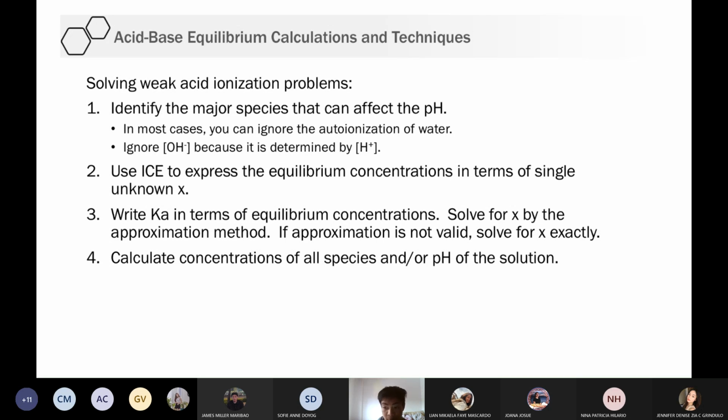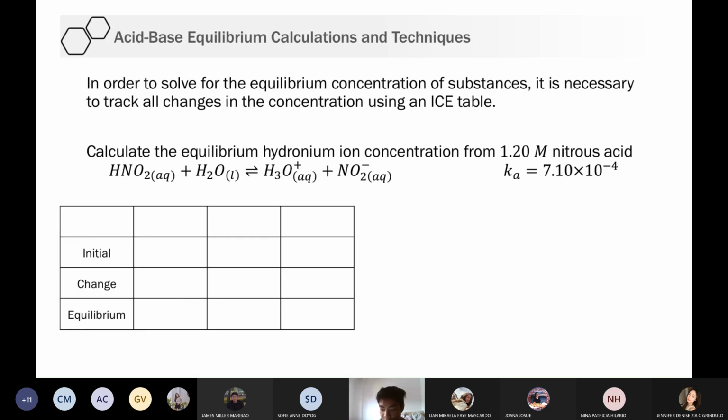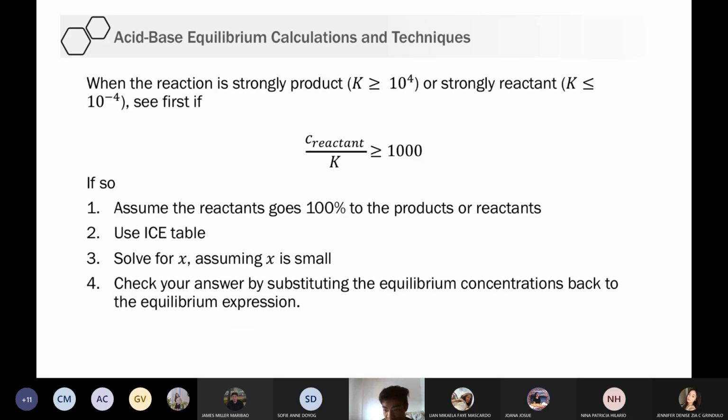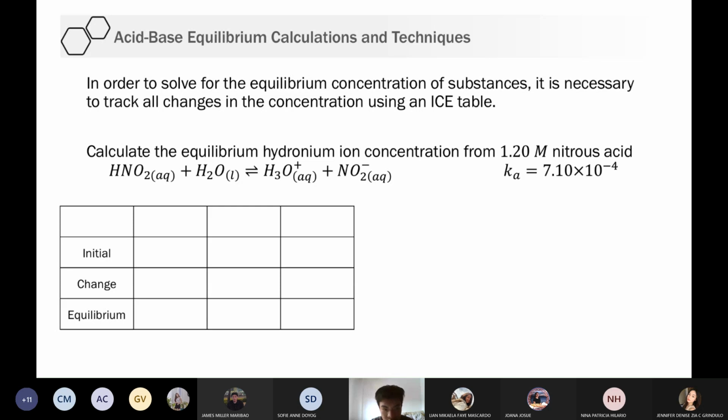However, may technique pa akong ikukwento sa inyo, pero saka na yan. Sa susunod na meeting na lang yung technique. Sa ngayon, answer muna tayo ng basic problem. Then after this, we will cut our session.